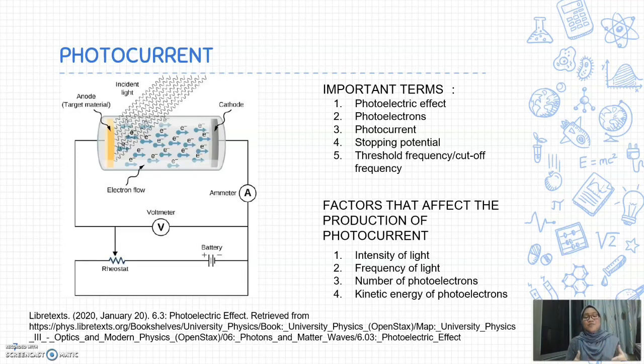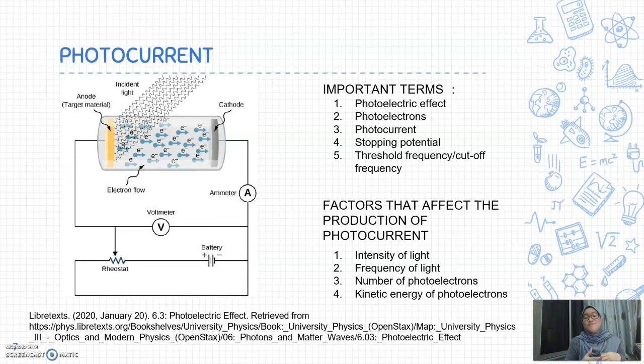Why do you need to know about the stopping potential? It is because the stopping potential gives you information about the threshold frequency. The stopping potential does not depend on the intensity of the light, but it depends on the frequency of the incident light.